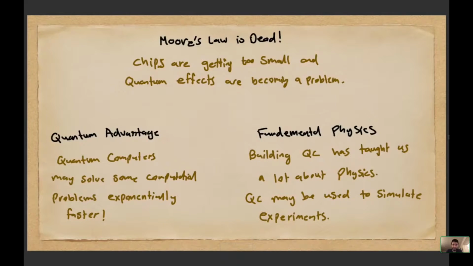So for motivation, I have three bullet points here. Number one, Moore's law is dead. If you don't know, Moore's law says that every 2 years, our computational power essentially doubles. Now, this is a bit exaggerated. Moore's law seems to be slowing down just because our capabilities of constructing smaller and smaller circuits have started to plateau.